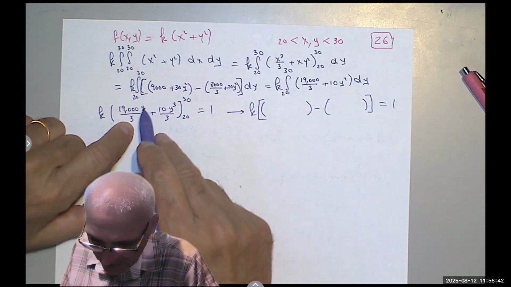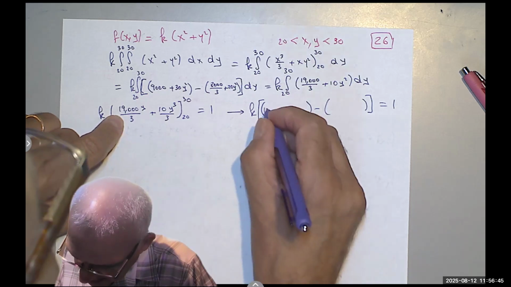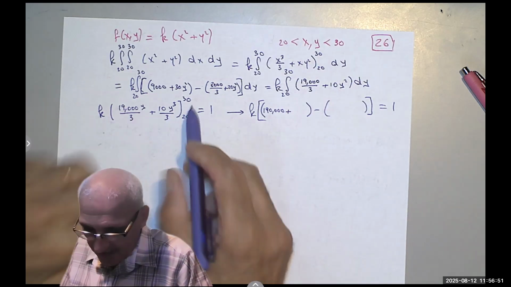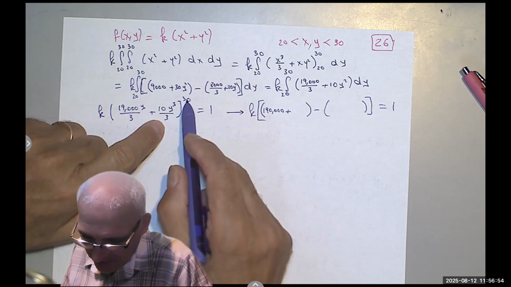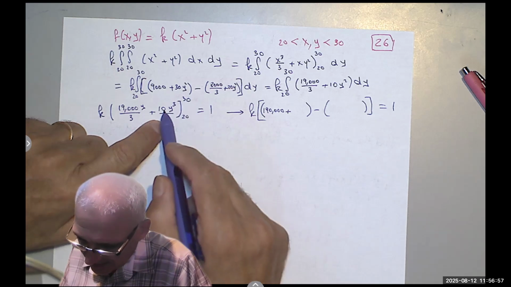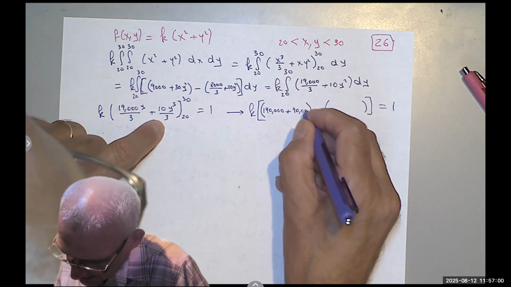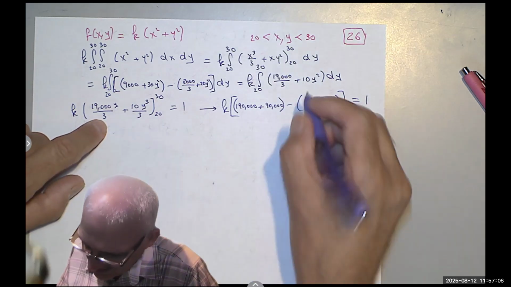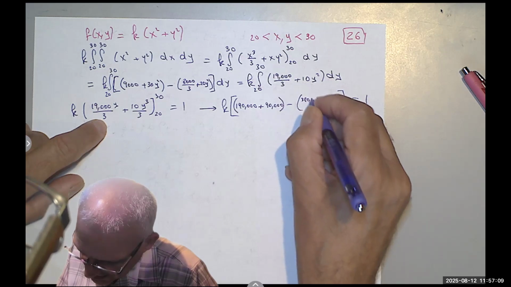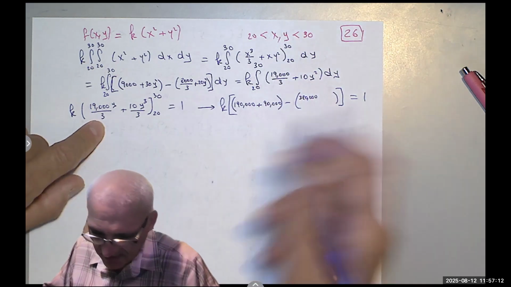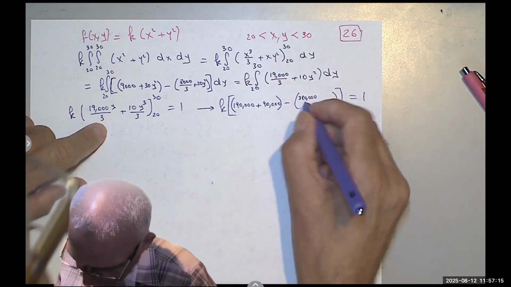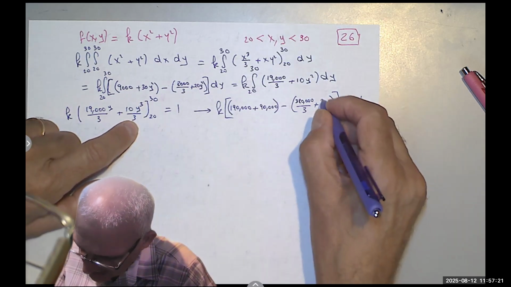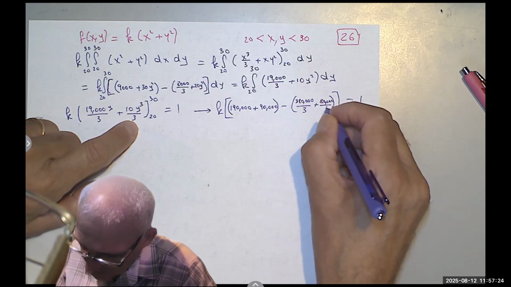If this is 30, 30 over 3 is 10, so that would be 190,000, plus, if this is 30, again the 3 would cancel, so the 27,000 would be 9,000 times 10 is 90,000, minus, when I do 20, this would be 380,000 over 3, if you multiply 19 times 2, that's 38, and you just add a 0, plus 20 cubed is 8,000, so this is 80,000 over 3.